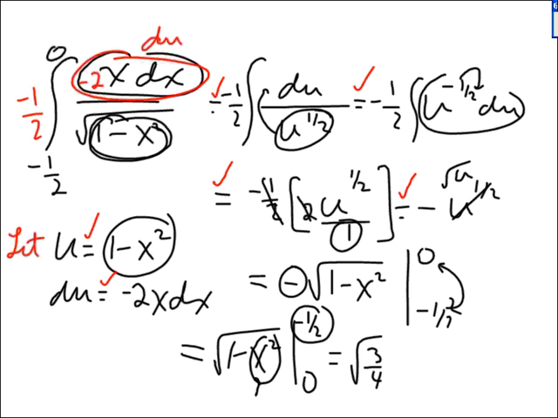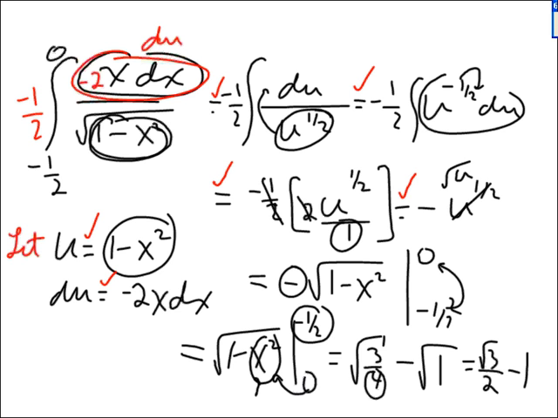First, you plug in the upper limit, which is -1/2, minus, not underneath the square root sign, the square root sign ended there, minus what you get when you plug in 0, which is 1.